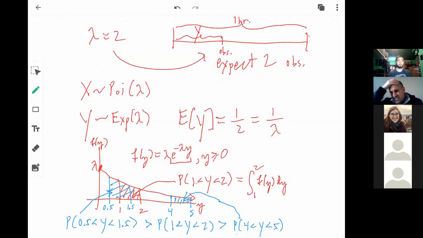And it kind of makes sense that it's less likely to keep taking longer and longer as time goes on. It's getting less and less likely to have to keep waiting to observe one of these things. So it does make sense that the probability keeps decreasing the further out you go.